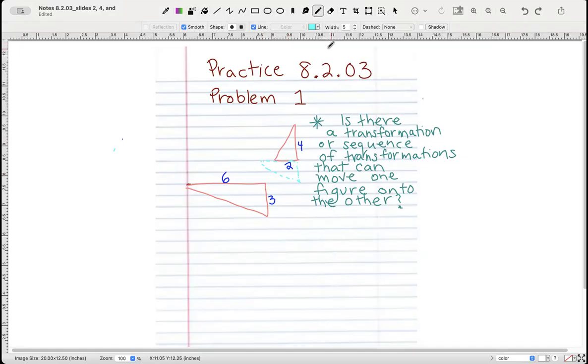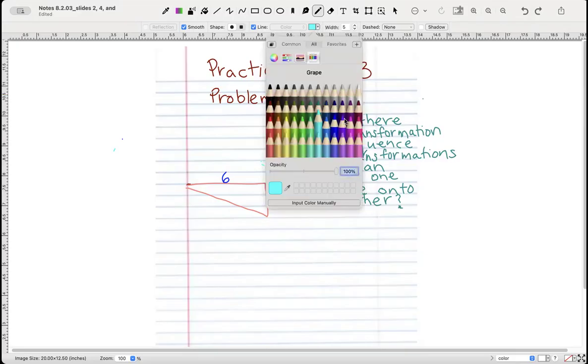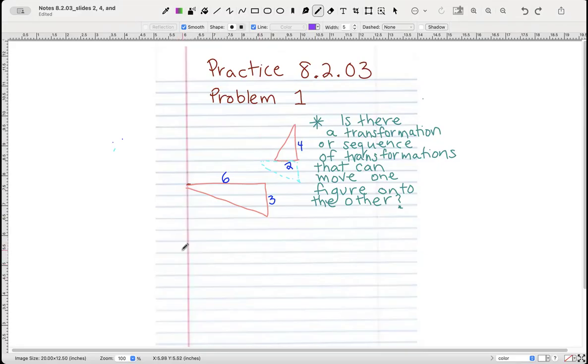Anyway, so based on the looks, it does look like it matches, but we really have to be sure. So if we want to know if it's a scale copy, which is what it's asking, really. Is there a transformation that can move it onto the other? That's basically asking, is it a scaled copy?